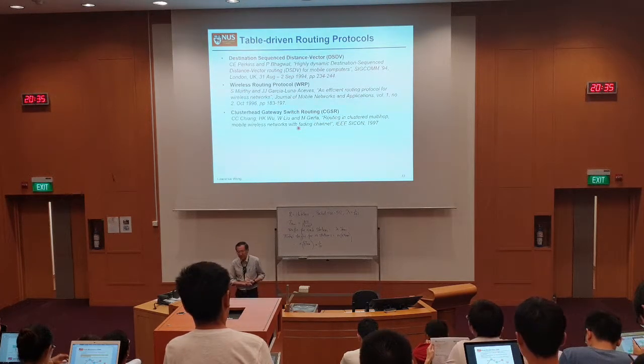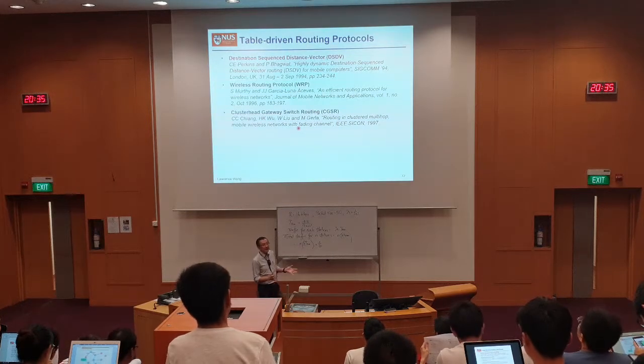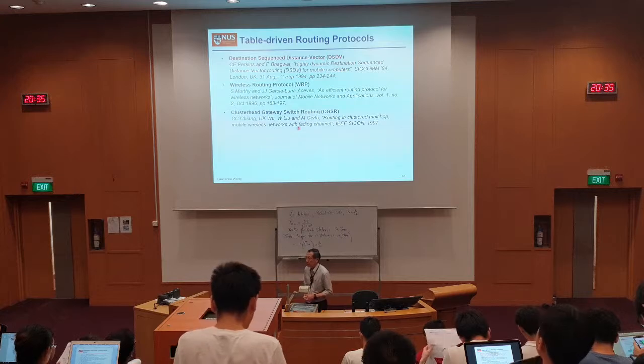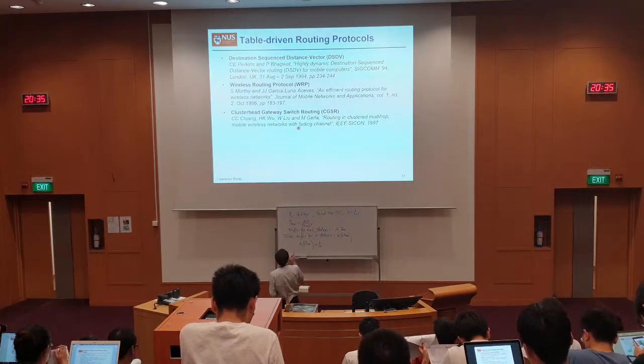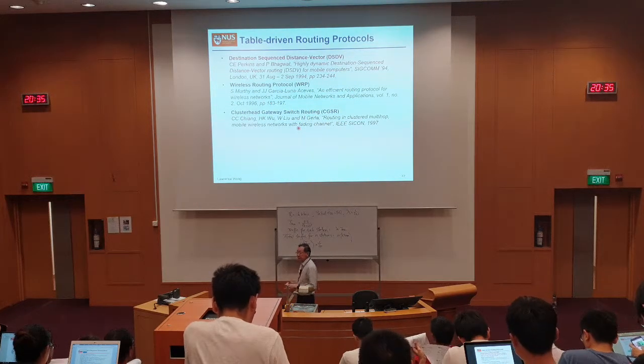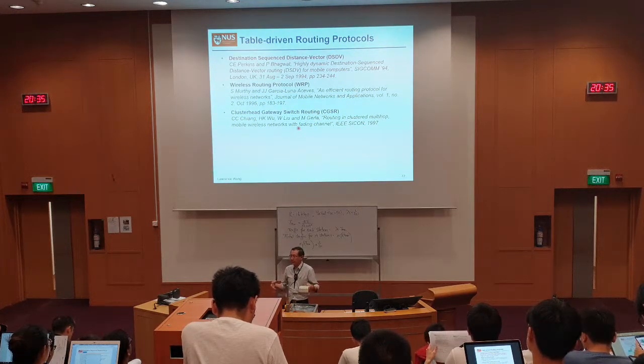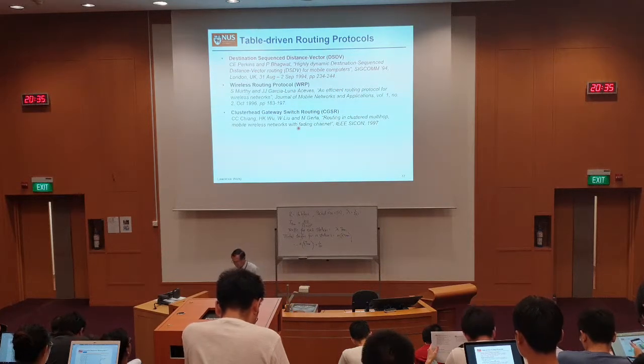Okay, the last one will be this DSDV. DSDV is not an on-demand protocol. It is a table-driven protocol. That means it has to build up and maintain a table of the network. Okay, DSDV.